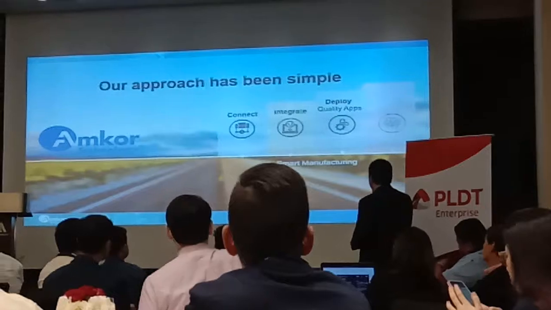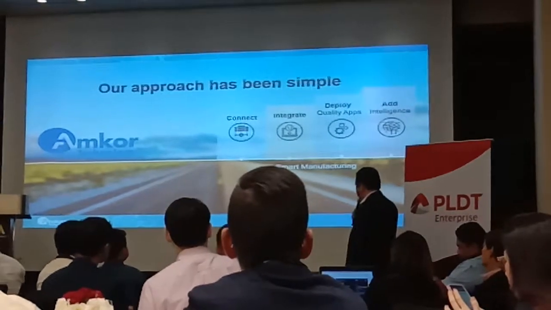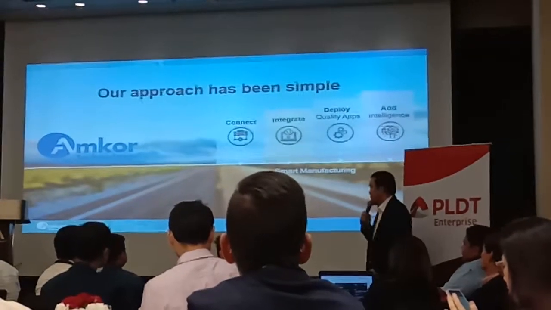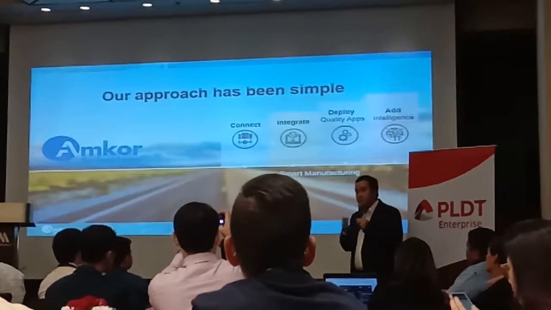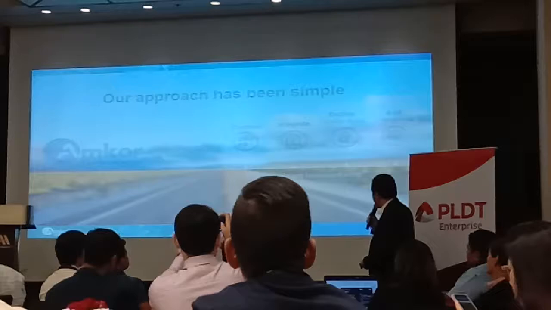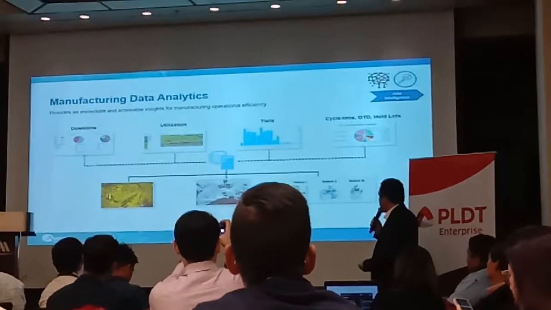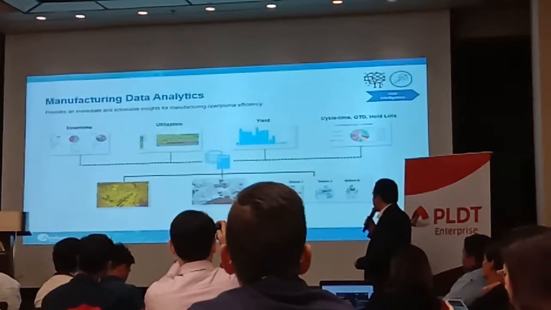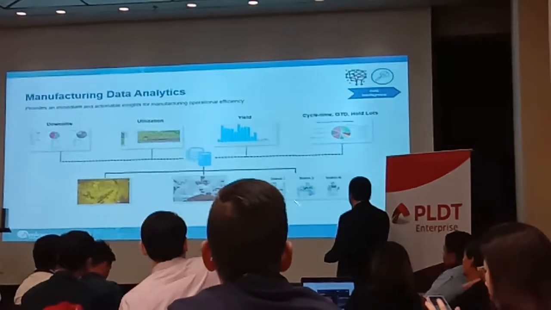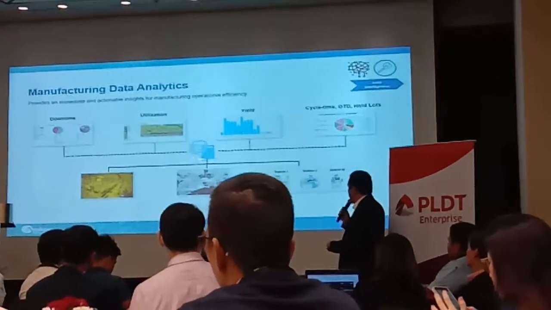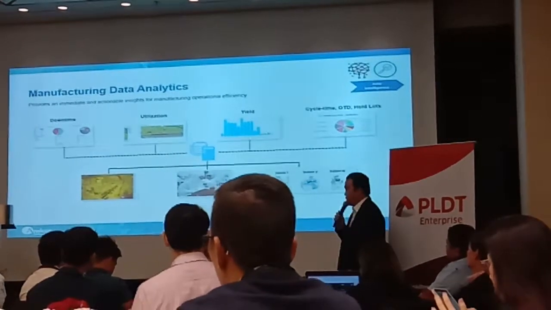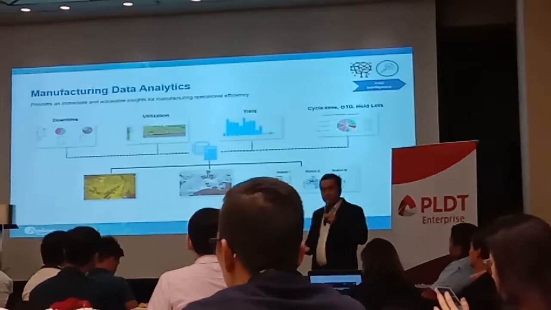Alright, so moving on, we have those deployed applications on the floor. The next thing is about how we add intelligence. We collect data, as I mentioned, from all of this equipment, from all these monitors, inspections, and process stations, and we centralize it to big data, and we can create downtime analytics.